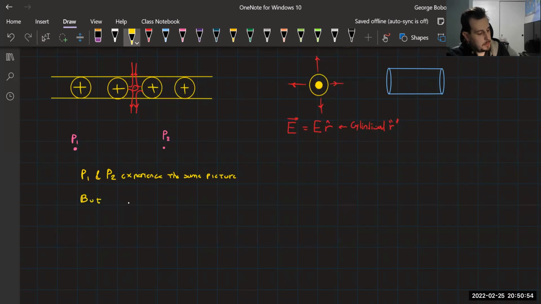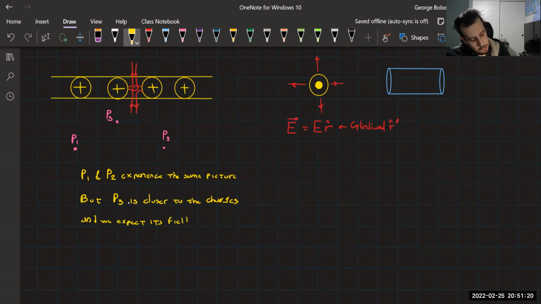But P3, which I'm going to put over here, is closer to the charges, and we expect its field to be higher, right?